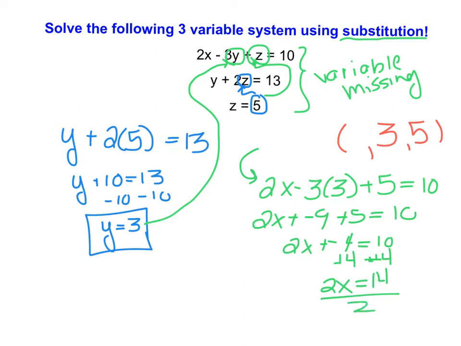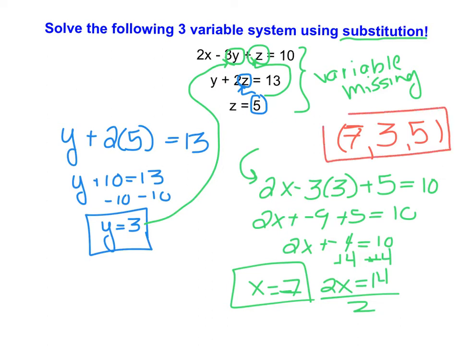Divide by 2, and we find that x is equal to 7. So I have now solved my ordered triple and found that the x value that I need for this ordered triple is 7. So here we have an x value of 7, a y value of 3, and a z value of 5 that will make all three of these equations true.